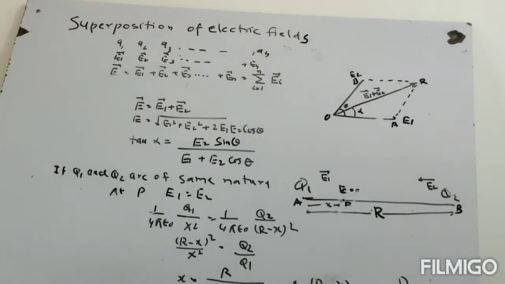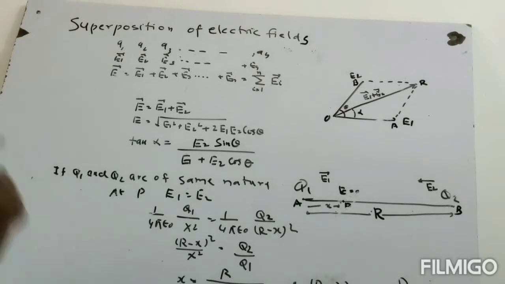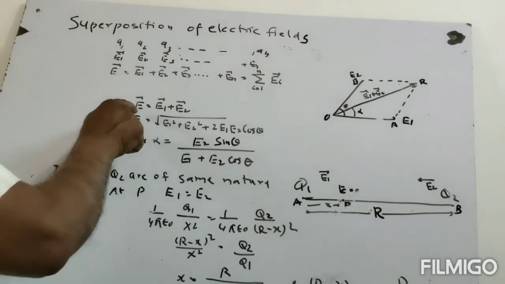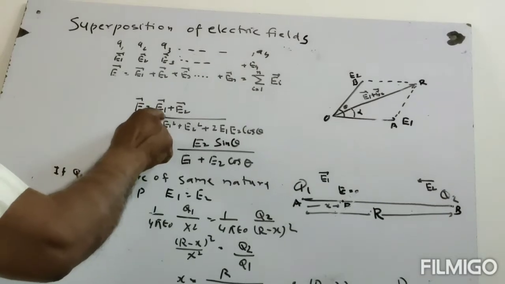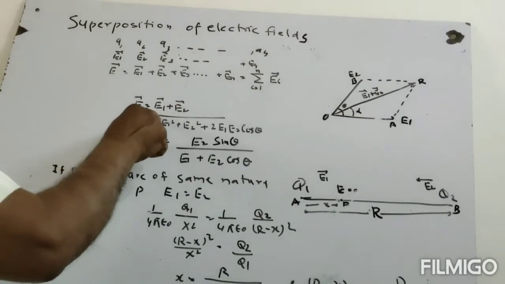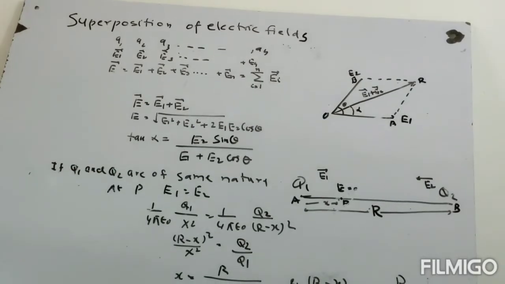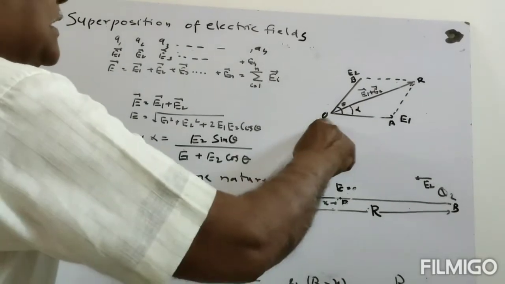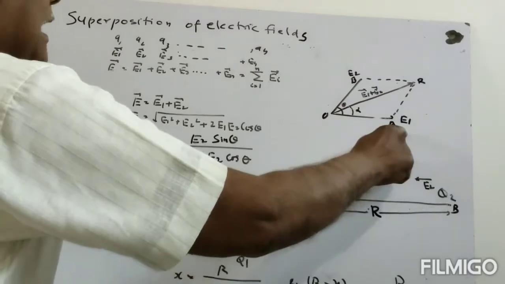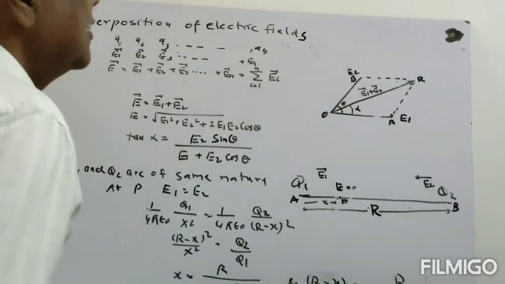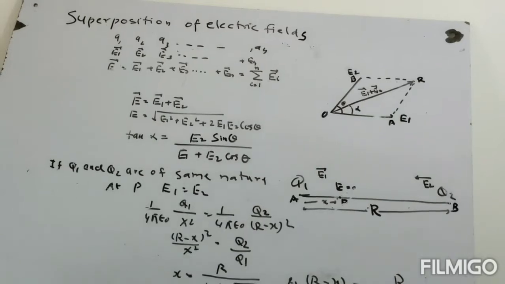Then the total electrical field due to Q1 and Q2 charges at a point P will be E equal to E1 plus E2, where E1 is the electrical field due to Q1 charge and E2 is the electrical field due to Q2 charge. The direction of E1 is in the OA direction and the direction of E2 is in the OB direction.